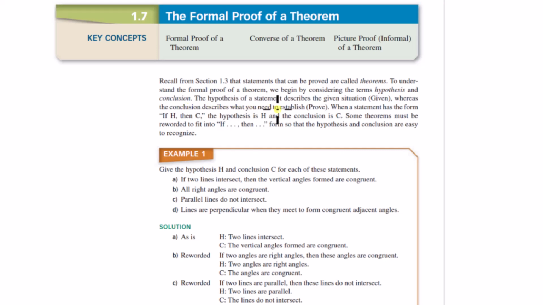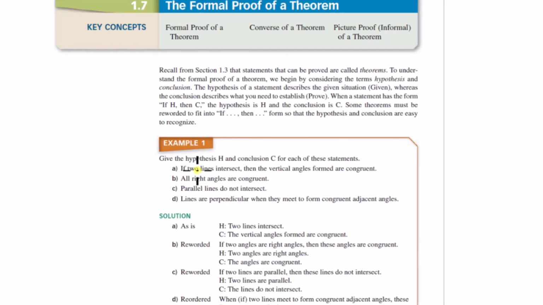The hypothesis of a statement describes the given situation, whereas the conclusion describes what you need to establish. When a statement has the form, if H, then C, the hypothesis is H and the conclusion is C. Some theorems must be reworded to fit into the if-then form so that the hypothesis and conclusion are easy to recognize.